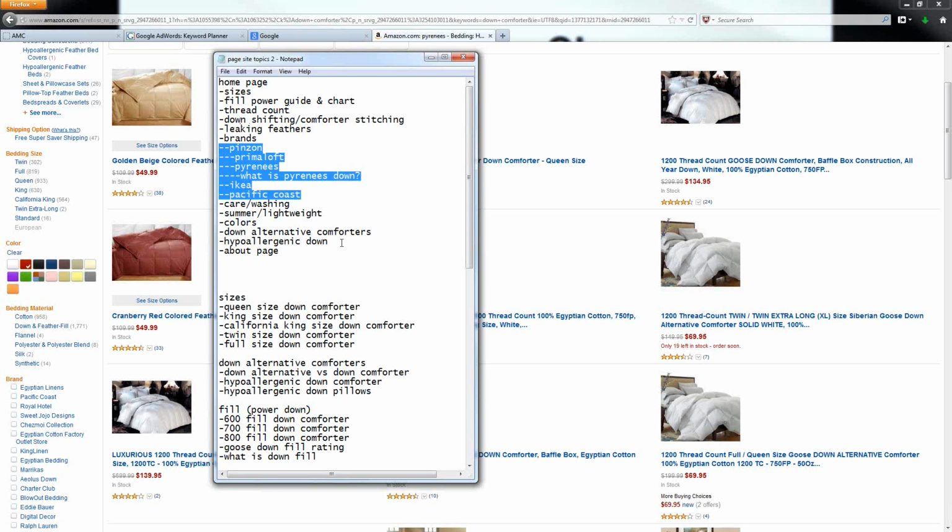However, what I could do, for example, is since I believe that the IKEA brand may be more for the budget conscious, or those looking for discount down comforters, and I recall seeing some search traffic for various budget or discount related down comforter keyword phrases, I could simply talk about that on the IKEA page and target that keyword phrase as a secondary phrase on my IKEA page.